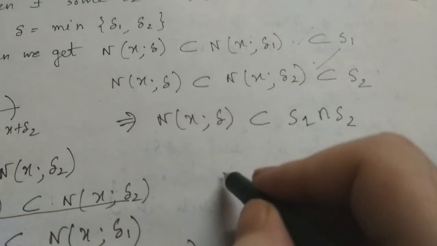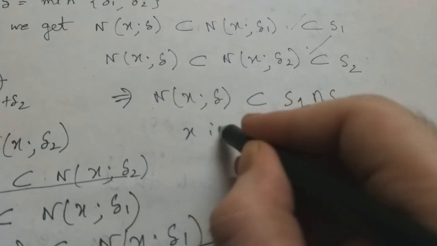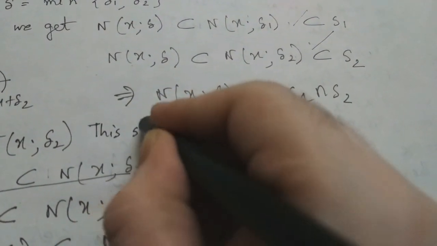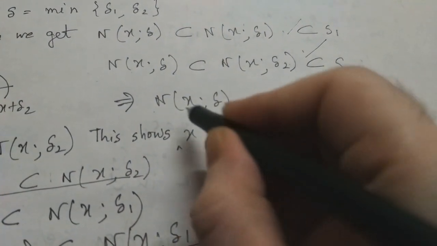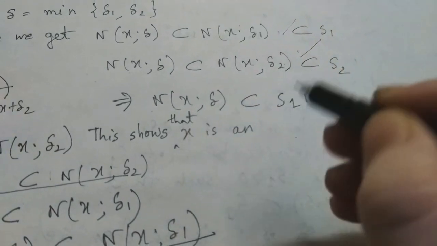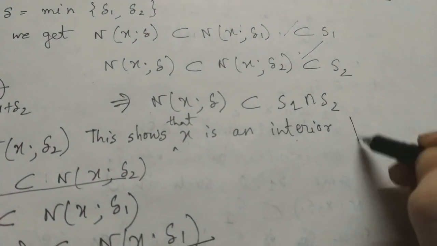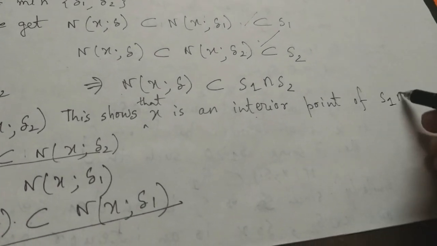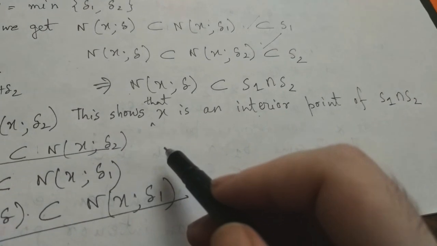This shows that x is an interior point of S1 intersection S2 by the definition of interior point. Since the delta neighborhood of x is contained in S1 intersection S2, x is an interior point of S1 intersection S2.